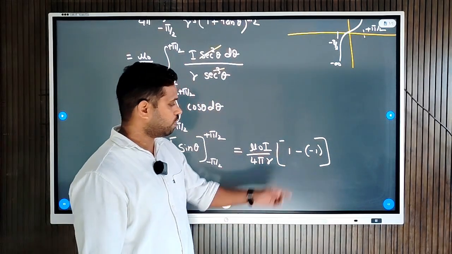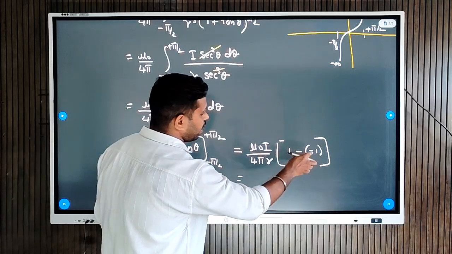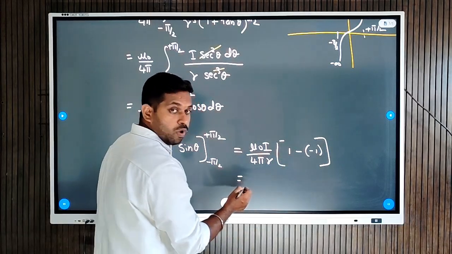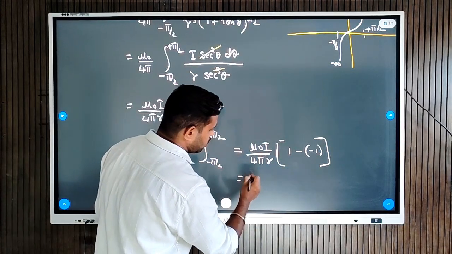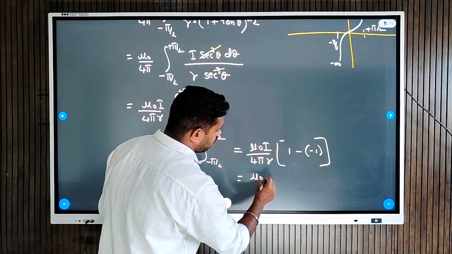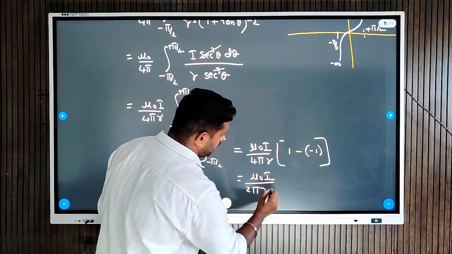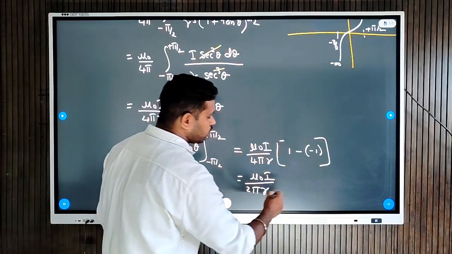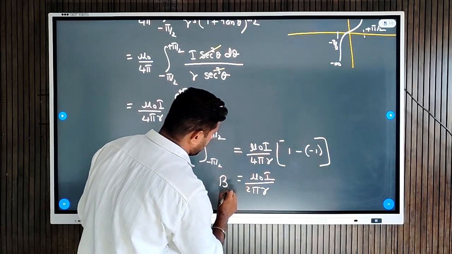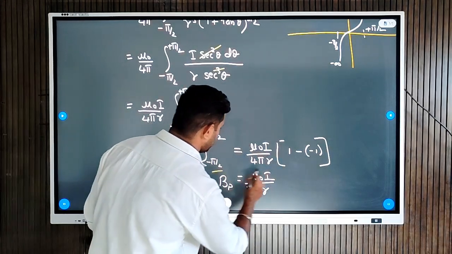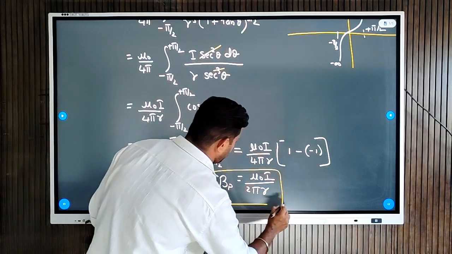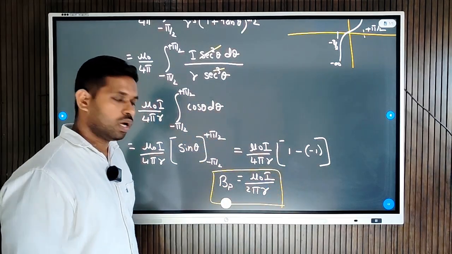So you are getting 1 minus of minus 1, it is 1 plus 1, that is 2. So this will be mu naught I by 2 pi r, and that 2 and this 2 get cancelled. So the magnetic field at point P is simply mu naught I by 2 pi r.